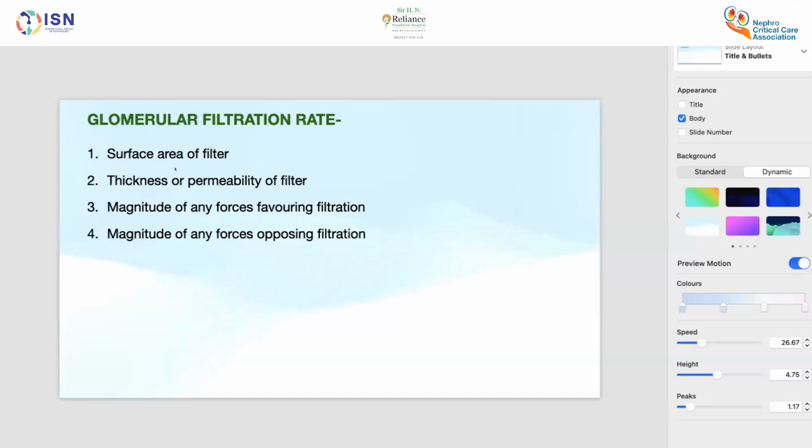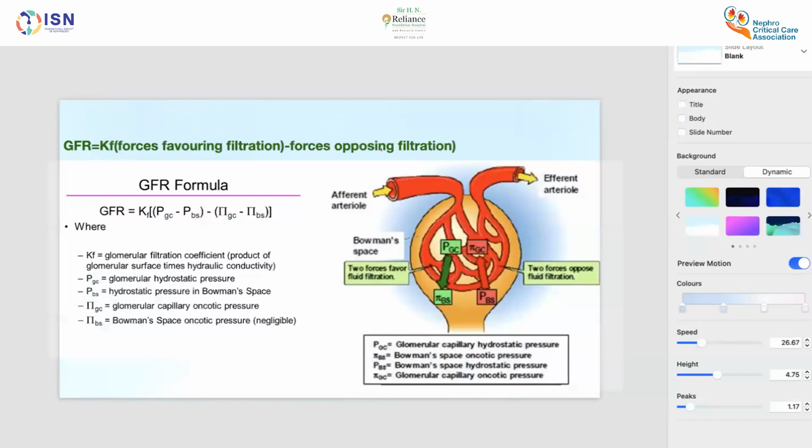The glomerular filtration rate depends on the surface area of the filter, the thickness or permeability of the filter, the magnitude of any forces favoring filtration, and the magnitude of any forces opposing filtration. These are the typical Starling forces. So the glomerular filtration rate is the filtration coefficient times the forces favoring filtration minus the forces opposing filtration.